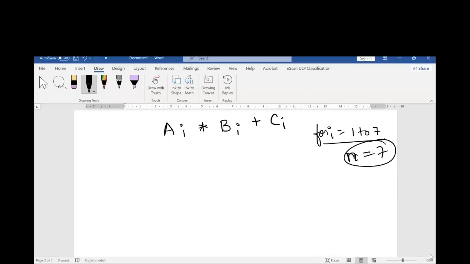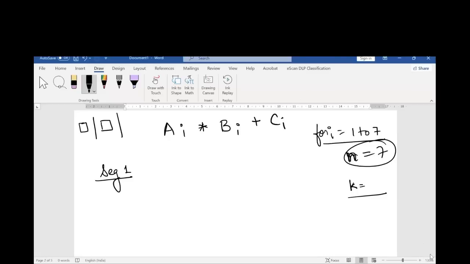Okay, how many clock cycles would be required for doing this? If I know the value of n, I should also be knowing the value of k. Once I get to know the value of k, I'll be able to identify how many clock cycles will be required. So to identify k, I need to first divide this into different segments. A pipeline architecture is divided in such a way that you have segments and registers.